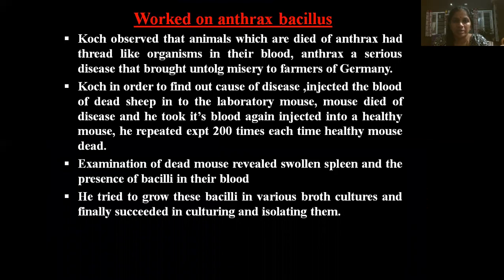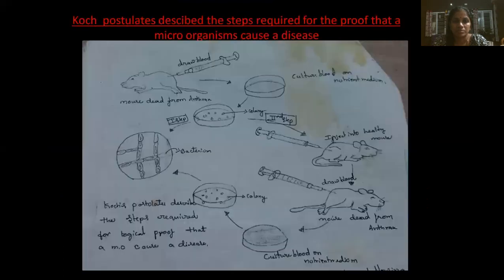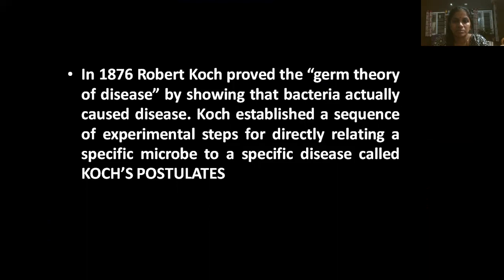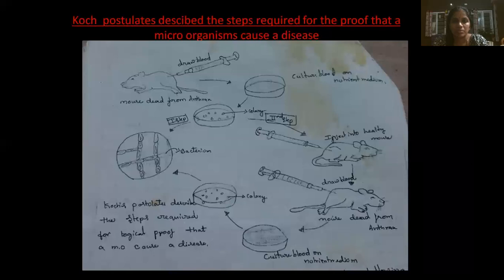He also worked on anthrax bacillus. Here you can see Koch's postulates describe the test steps required for the proof that a microorganism causes a disease and is present in every instance.